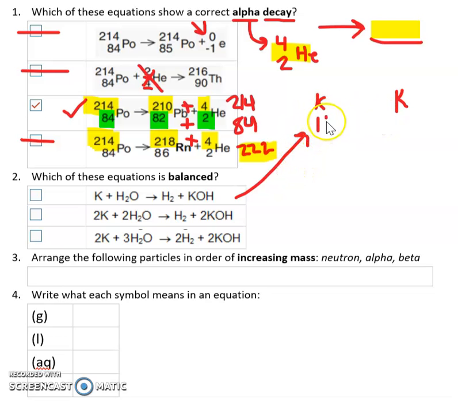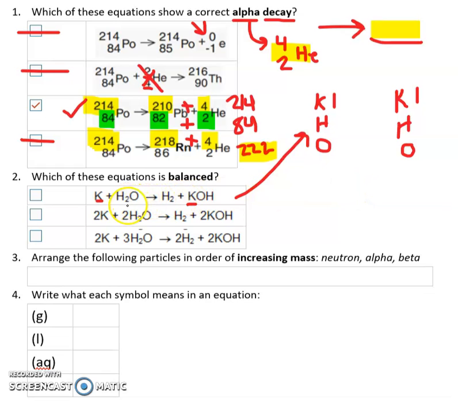I have hydrogen atoms on the reactant and the product side. And I have oxygen atoms on the reactant and the product side. On this first one, I have 1 potassium atom on my reactant side, and I have 1 potassium atom on my product side.